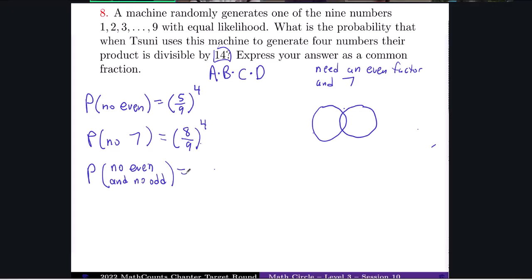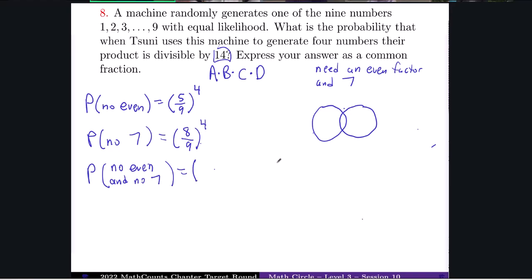So if you're thinking about this, out of these numbers, 4 of these 9 numbers are even, and one of these numbers is 7. So this leaves us with 4 numbers left over.